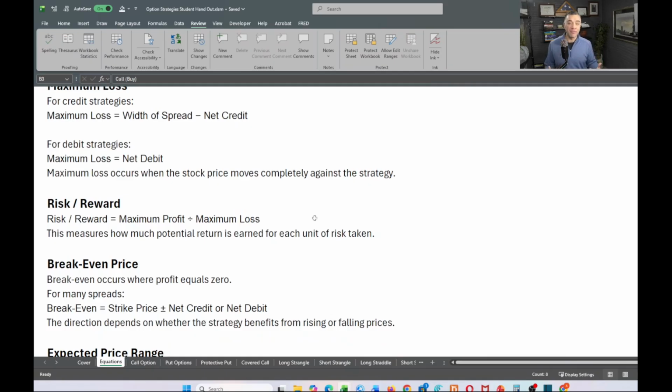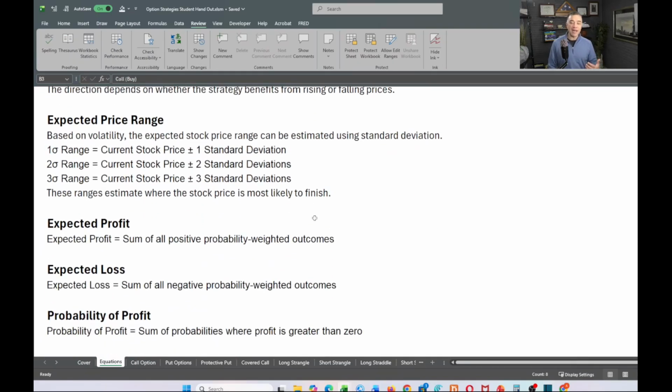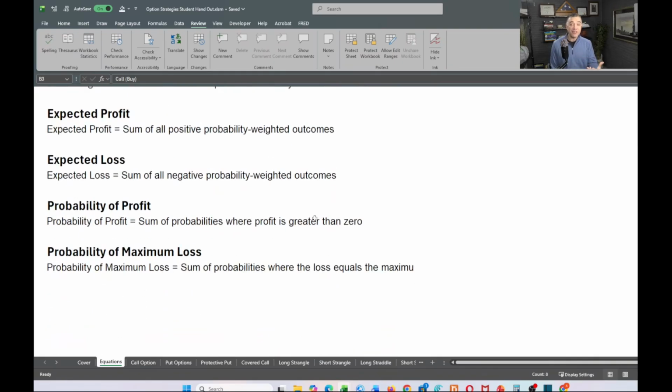It's all based on volatility. We want to see if it's very volatile, how much money we're going to make. And then also we're going to have our expected range. We're going to talk about probability of a profit based on standard deviation. We're going to do all these calculations in it. But again, that's more advanced. That's the bottom of it. I'm probably not going to have most of my classes do that. But let's get into it.